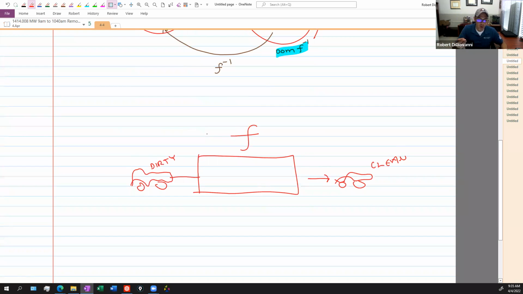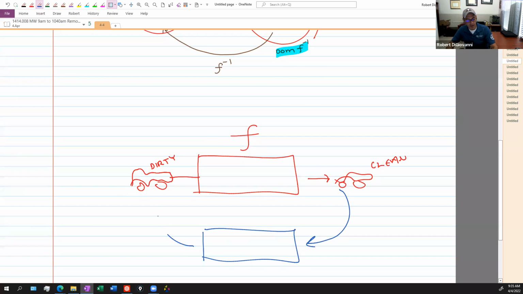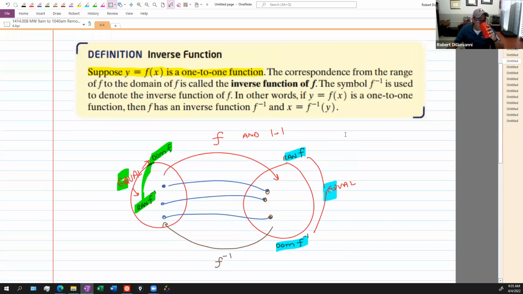If that was a one-to-one function, that means there's some other thing that I could put the car in and it'll come out with all the dirt exactly where it was. It'll put all the dirt right back on the car. Okay, so whatever f does, the inverse function undoes it. But you have to have one-to-one in order for that to be possible. All right. Okay, questions?